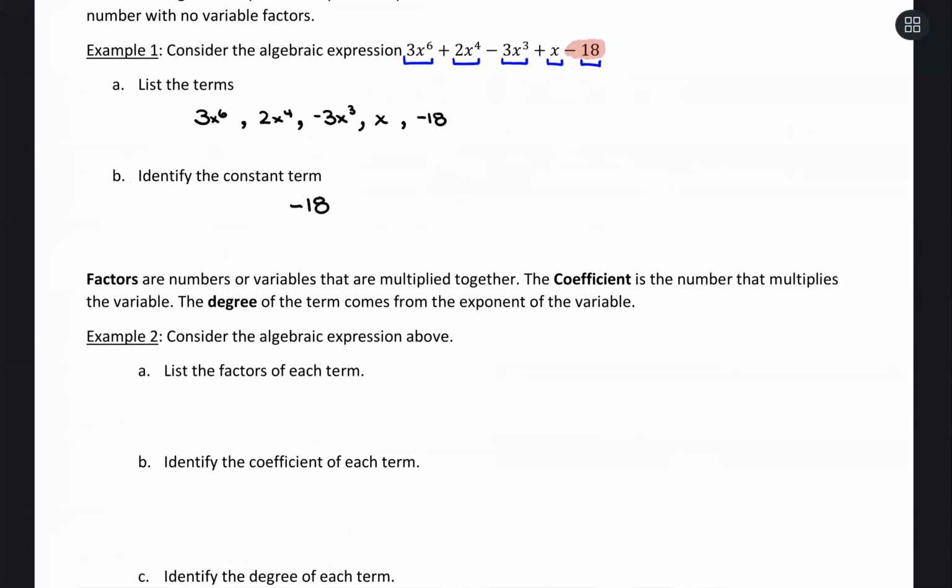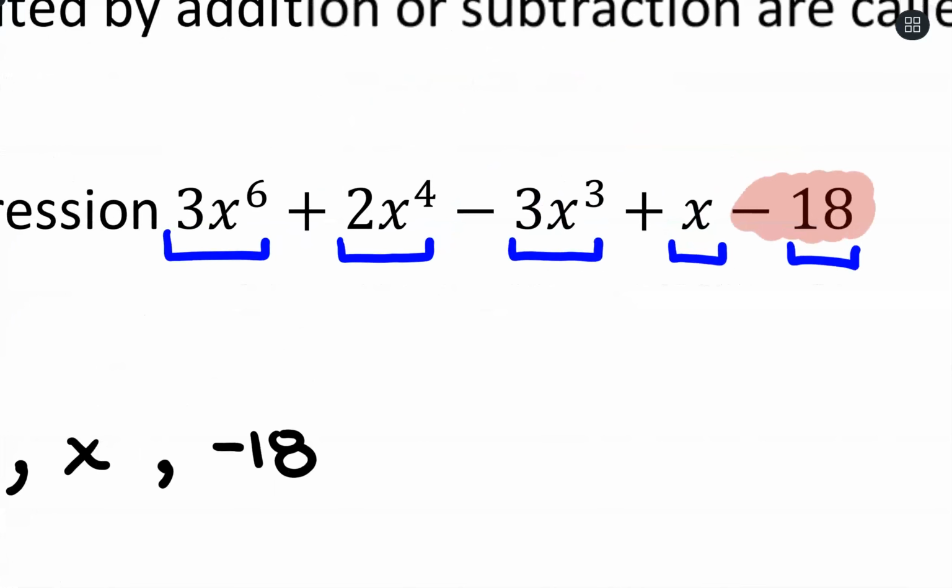Factors we've talked about before as the values that multiply together to make a number. The coefficient is the number that multiplies a variable. So, with this expression here, the coefficient is going to be next to our variable factor, and it's going to be the number part.